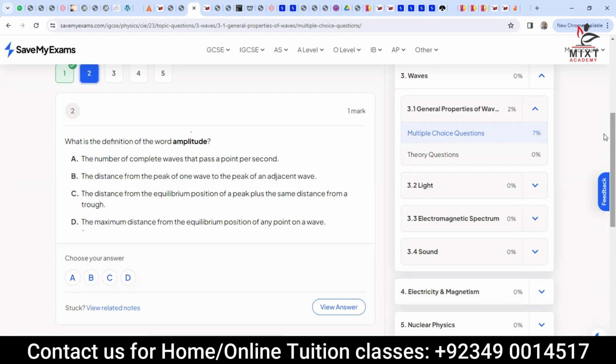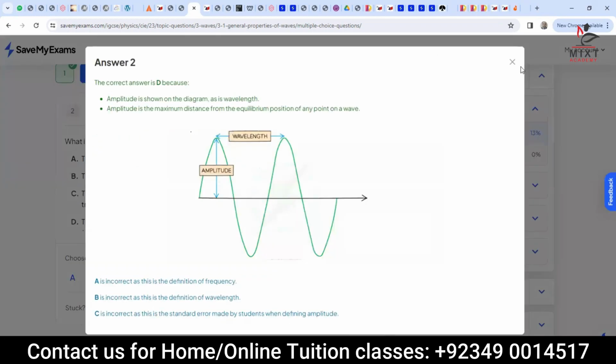Amplitude. Yumna: it's D, the maximum distance from the equilibrium position of any point on the wave, because amplitude is the maximum displacement. So D. Let's see. Yeah, it's D.